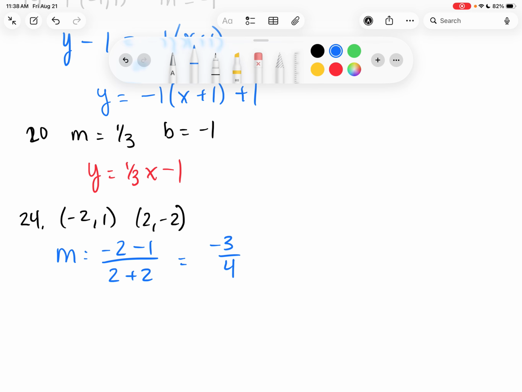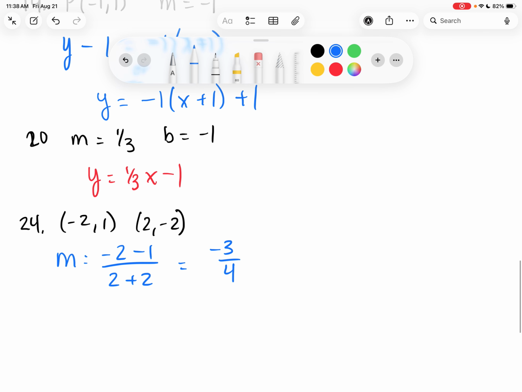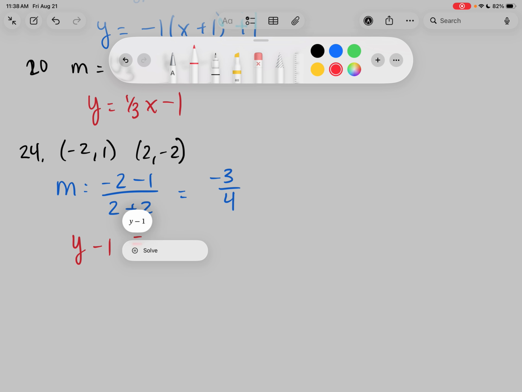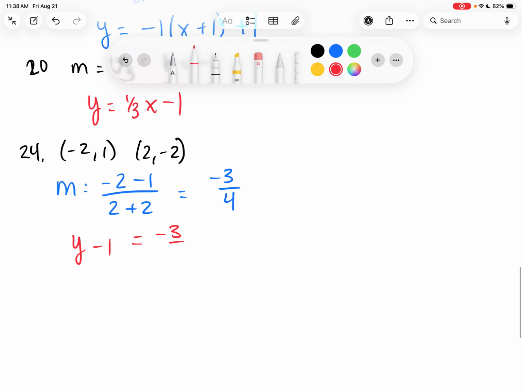So now I can take either of those 2 points and put it into point slope form, and then I just need to remember that they want it in standard form, so I just need to manipulate it from there. Do y'all want to use the first or the second one? You use the first. Okay. So we've got y minus 1 is equal to -3/4 times x plus 2.